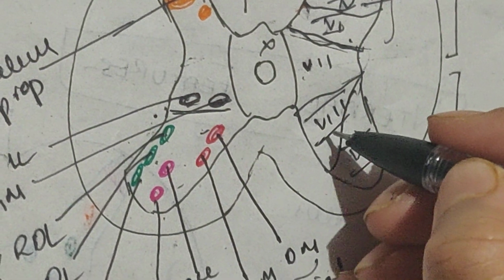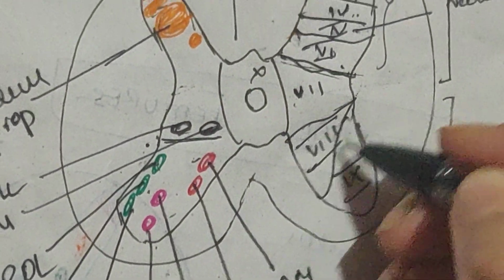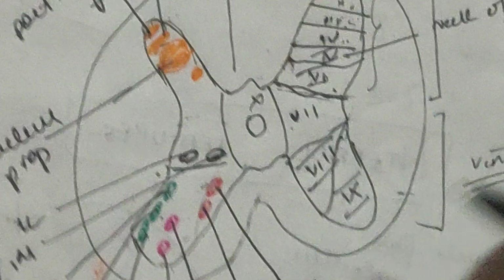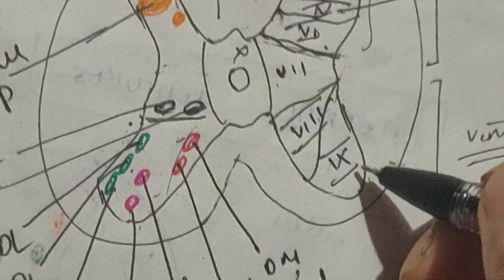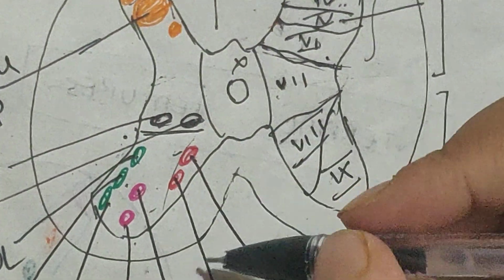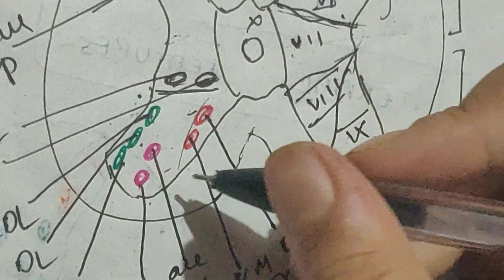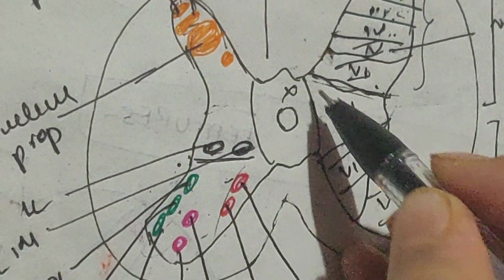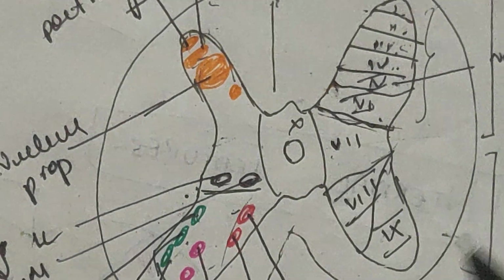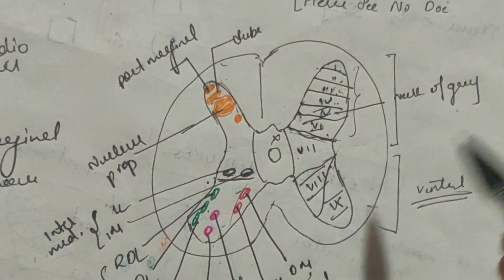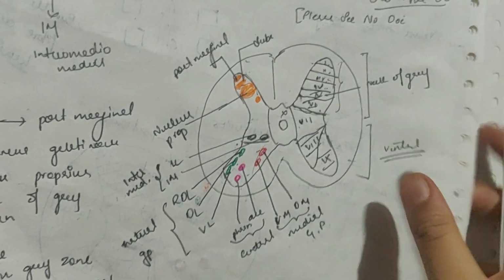The eighth one corresponds to the medial group. The ninth corresponds to the lateral ventral horn nucleus, and then the 10th one is nothing but the central nuclei. Now these are the structures that are present in the gray matter.